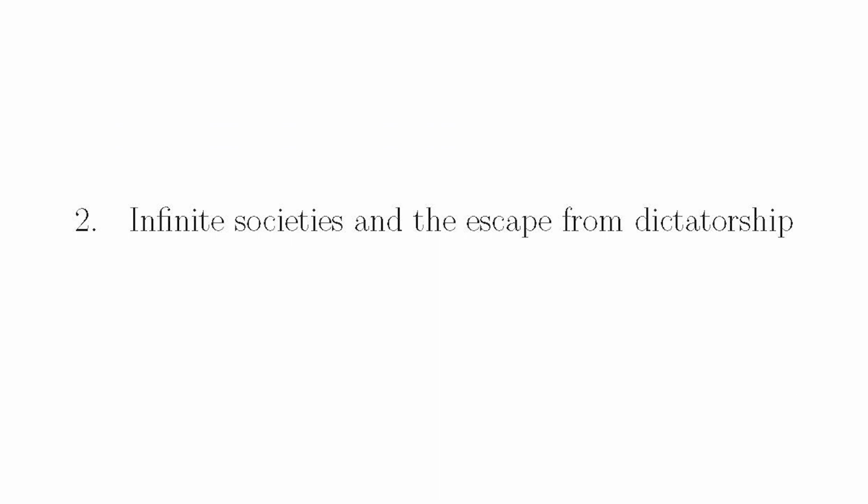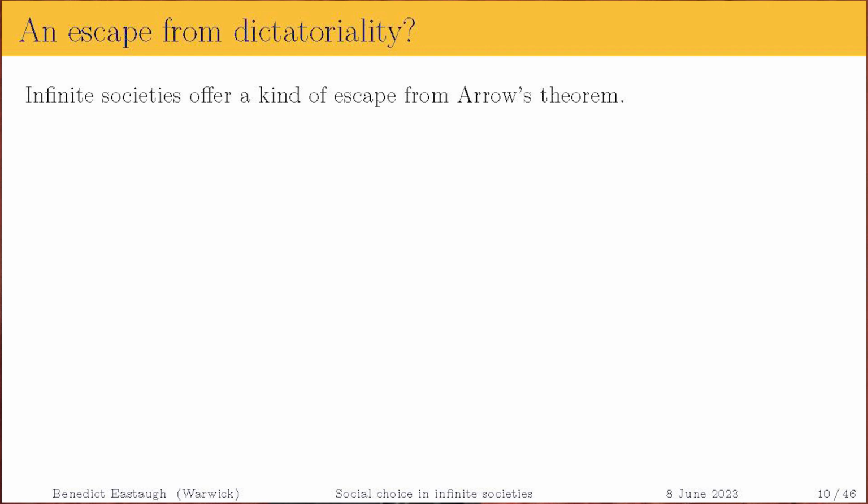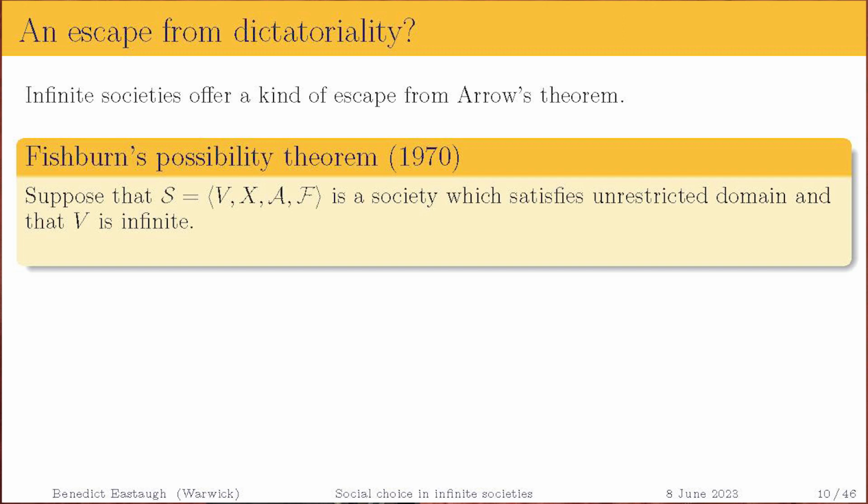But can we? Maybe. Maybe if we have infinitely many voters, we can. So infinite societies offer a kind of escape. I'm going to be a bit guarded about exactly what kind of escape they offer. So in 1970, Peter Fishburn proved this very nice theorem, this possibility theorem.